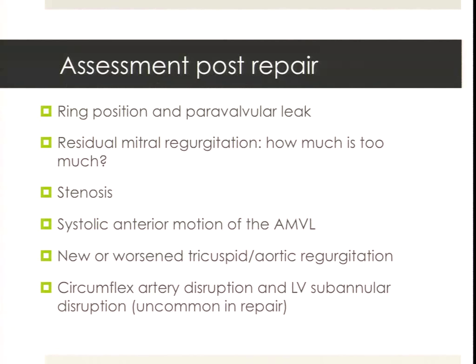Obviously, if there's been any change in the tricuspid or aortic valves. And then fortunately in repair, circumflex artery disruption and subvalvular disruption are quite rare. They're more the province of replacement. I don't think I've ever seen it in the context of repair. I think it relates to how the repair is done and how the rings are placed, but I suppose it could always happen. Never say never.